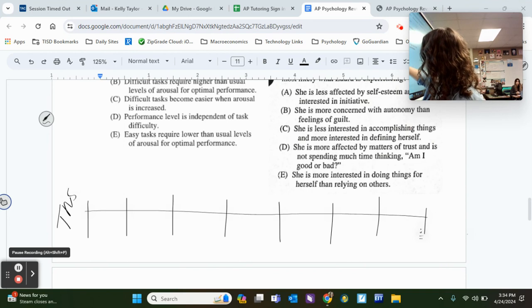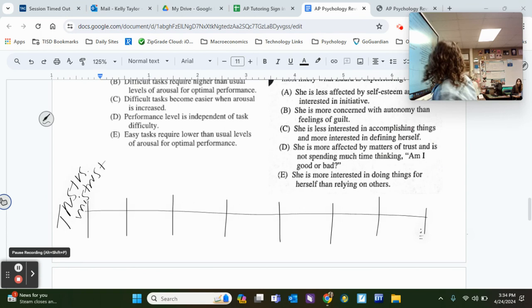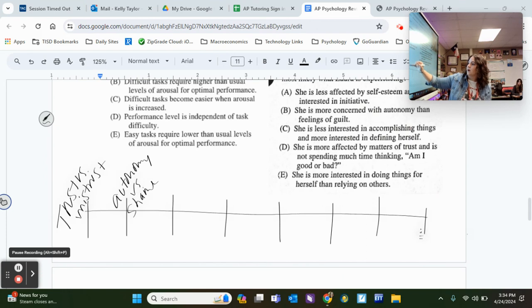Trust versus mistrust. Autonomy versus shame. Oh, there's room. Look at how much room I have. How many is that? That's 8.